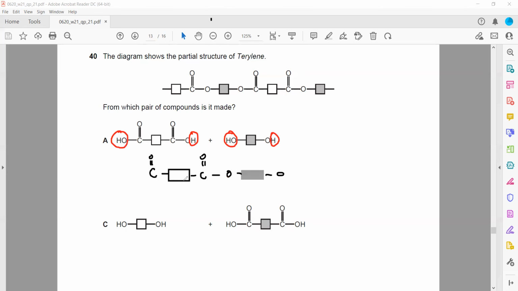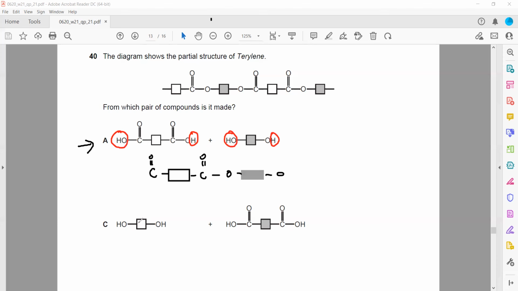So you can clearly see this matches: around the unshaded box there is C double bonded with O, and around the shaded box there is O. So it matches with the polymer of A. That's why A is the right answer.